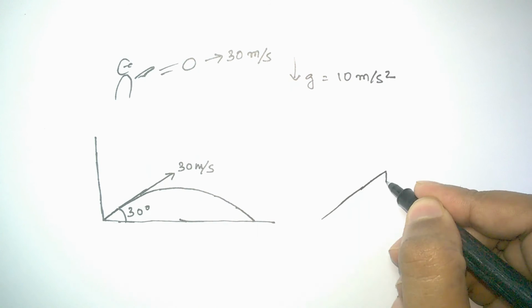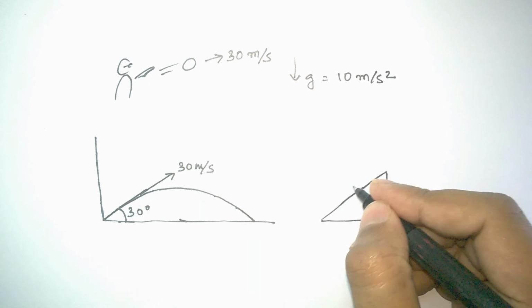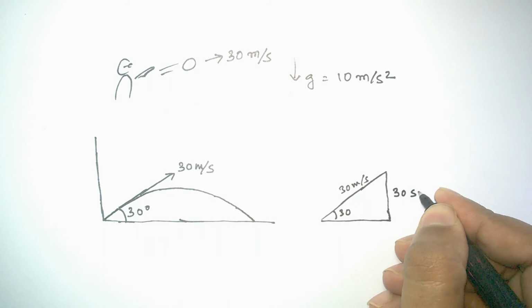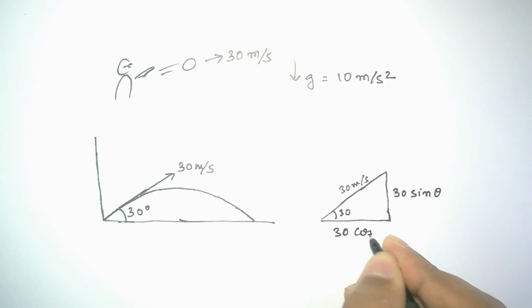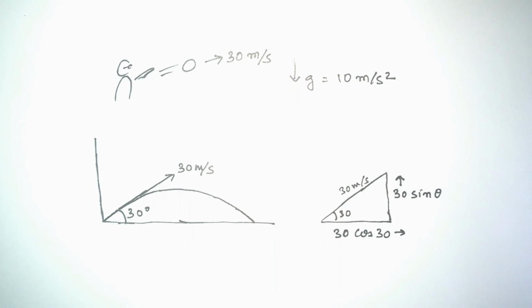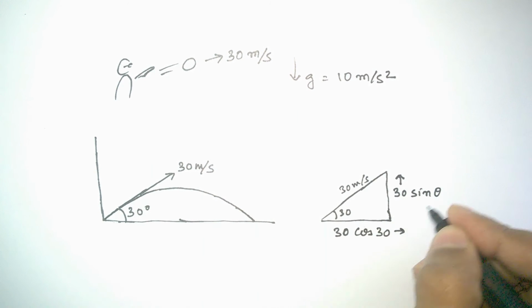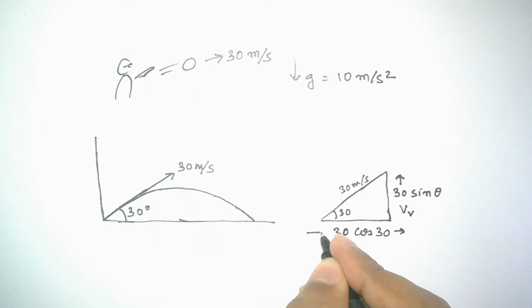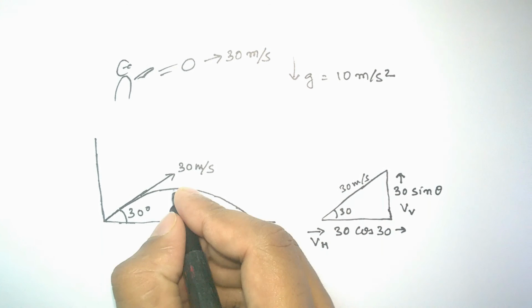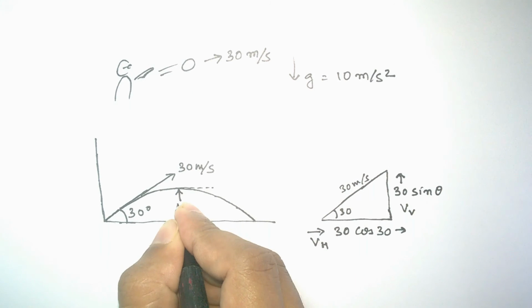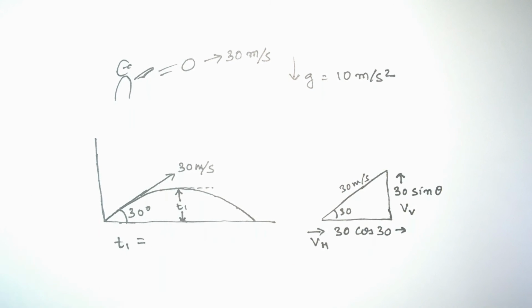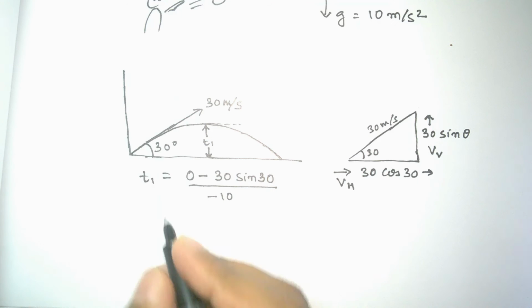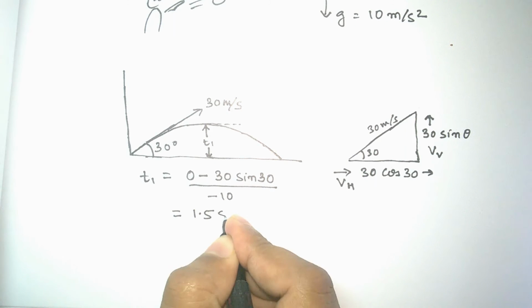We can again draw a right angle triangle, and the perpendicular of that right angle triangle will represent the vertical velocity, and the base of that right angle triangle will represent the horizontal velocity. So the time for the ball to reduce its velocity to 0 in the vertically upwards direction will be the difference of velocity, that is the final velocity and the initial velocity, divided by the acceleration due to gravity.